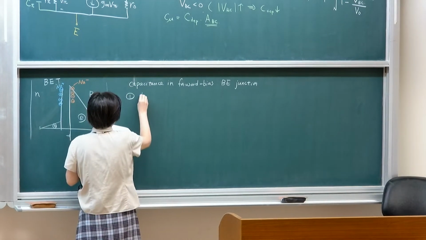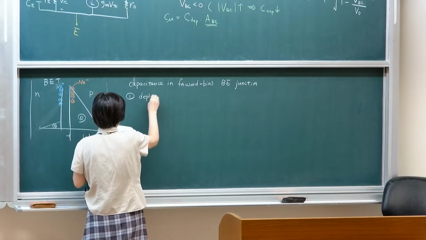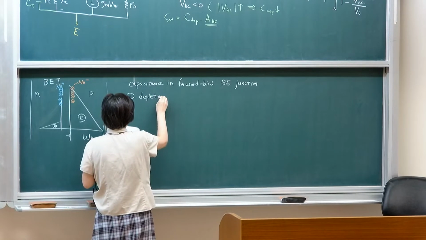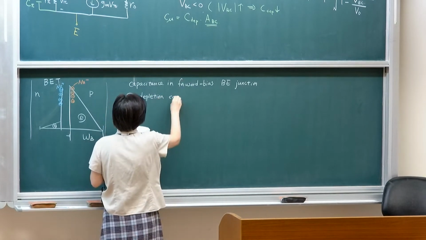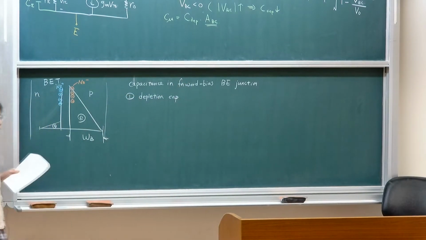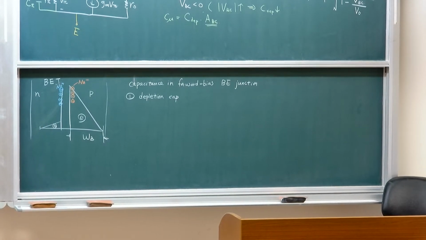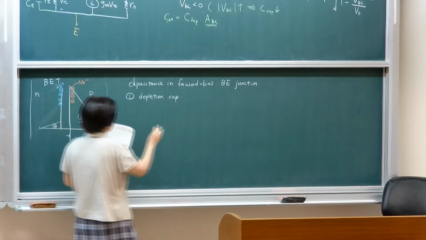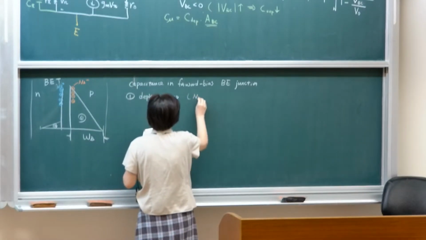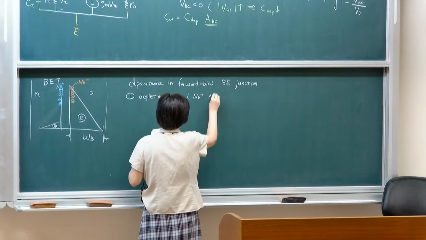There's two types of charge. There will still be depletion capacitance, and this depletion capacitance is even higher than that across the BC junction because it's forward bias, therefore the charges are actually closer. You have depletion capacitance which corresponds to Na, Nd plus depletion charges.